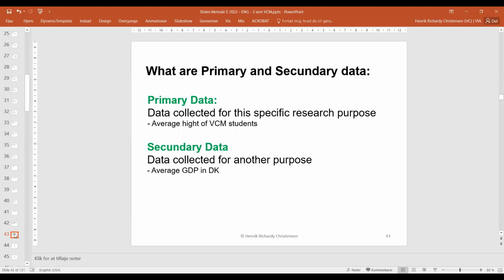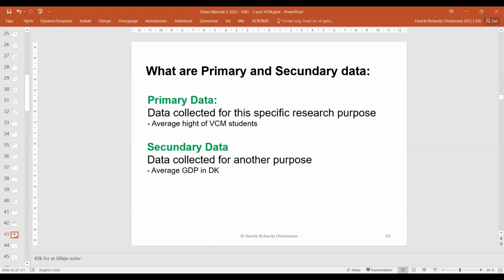It also means that if we can find data that is collected for a purpose that looks a lot like the purpose we have, then we might actually get access to those data much cheaper than collecting them ourselves, because it does take a lot of time collecting data.